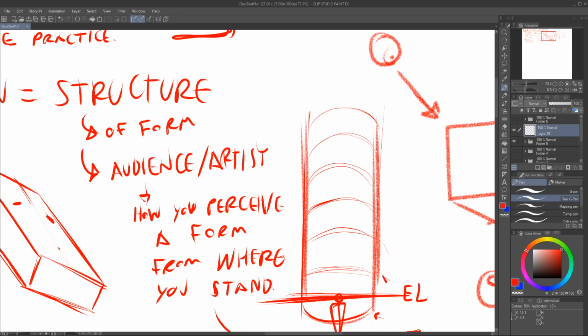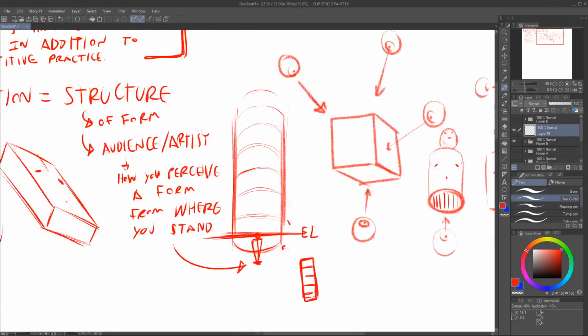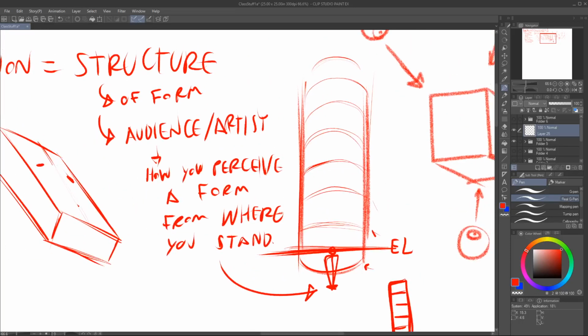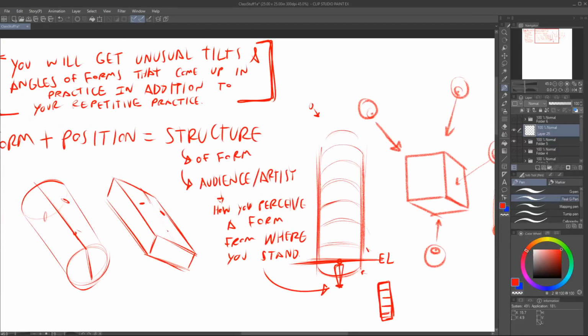That means the ellipses that are going up are going to continuously tilt up and up and up, going up into space. So the way this form is perceived is very different than somebody positioned from another angle or from very far away, where the perspective flattens out. So that is something to keep in mind.